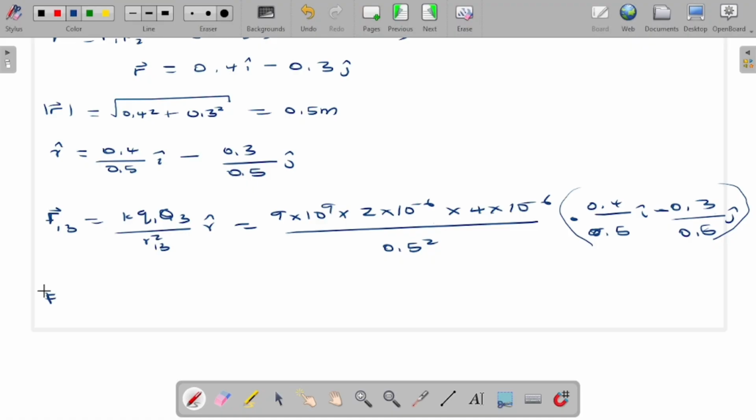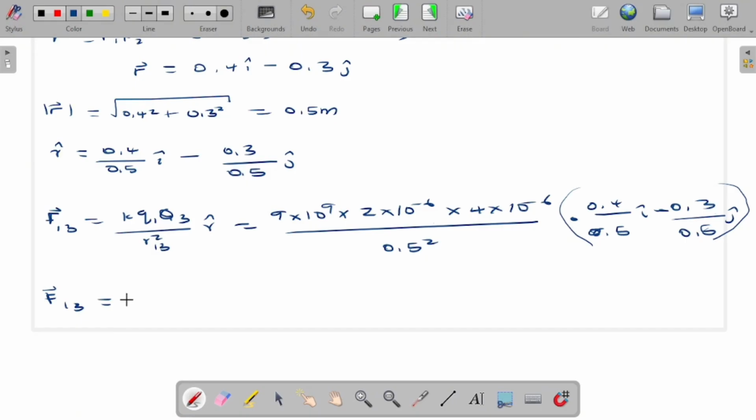So this is going to be F1 on 3. You are going to get the same answers, but the difference is going to be the negative sign.